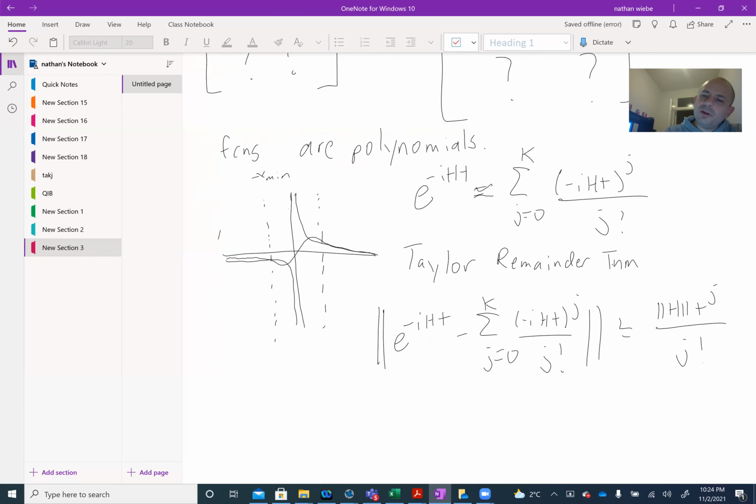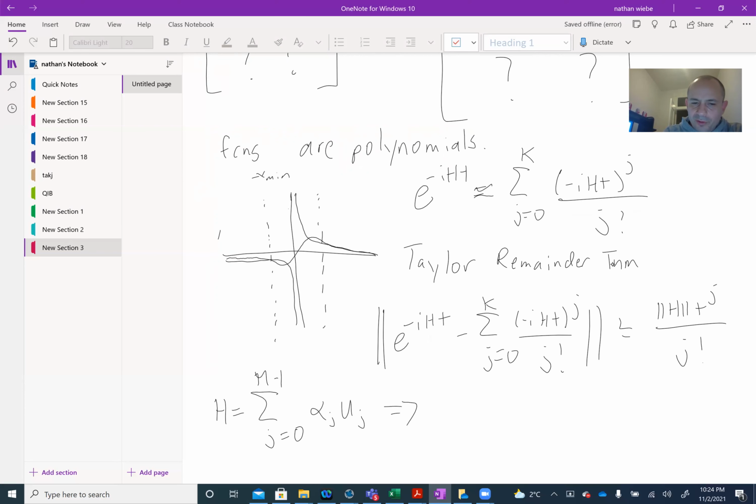But we don't have access to the norm of the Hamiltonian, not easily at least. So what we're going to do is upper bound that remainder in the following way. We know that the Hamiltonian is defined to be the sum from j equals 0 to m minus 1 of alpha sub j, U sub j.